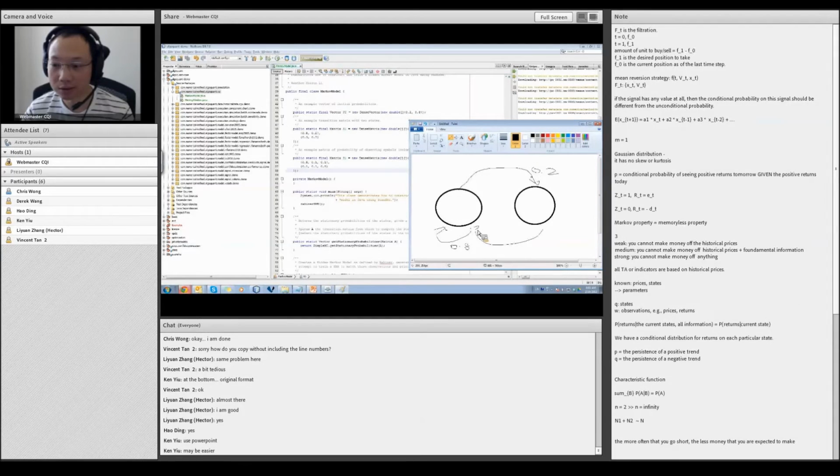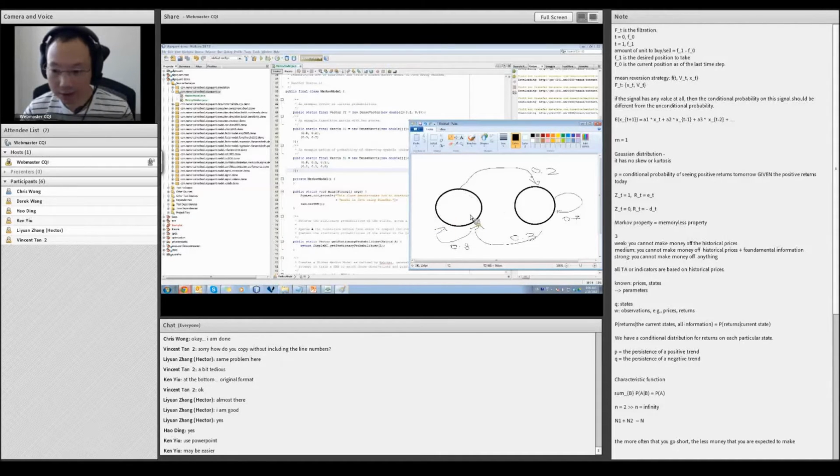Okay, and then the B1 matrix is just to remember the conditional distribution that we had yesterday. So you have a distribution, right? Conditional upon a state. This is supposed to be a distribution curve, but in this case we don't have a continuous distribution. We have a discrete distribution, so it looks more like a histogram.